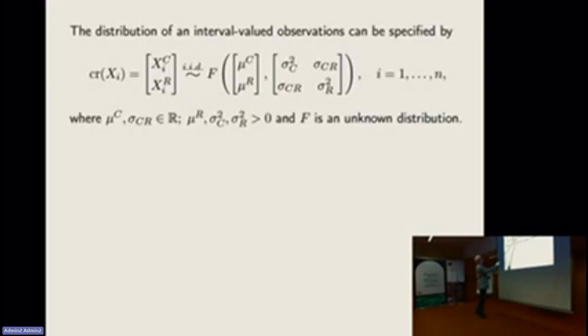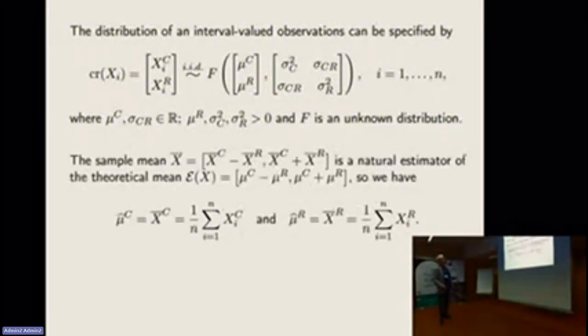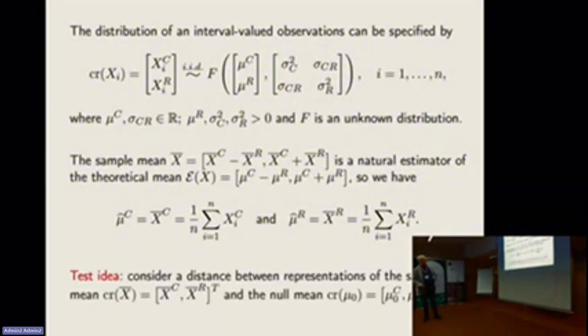We have a sample which is IID from an unknown distribution, and I assume that it's a distribution which has a finite mean and covariance matrix. And what next? We know that X bar is a good estimator of this. So mu C is estimated by X bar C, which is just a simple average of the Xi's, and the same here of the Xi's but with R, so this is connected with radii.